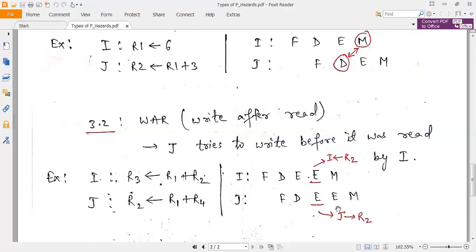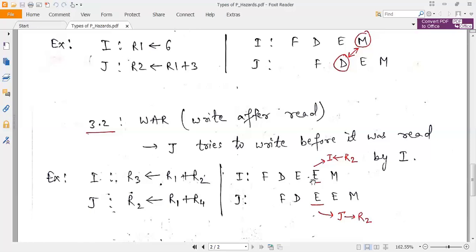So here I have written 2E. We have assumed one clock cycle for one stage, but it is possible that one stage will take more than one clock cycle to execute. So let's say for the time being, this has taken 2 clock cycles.